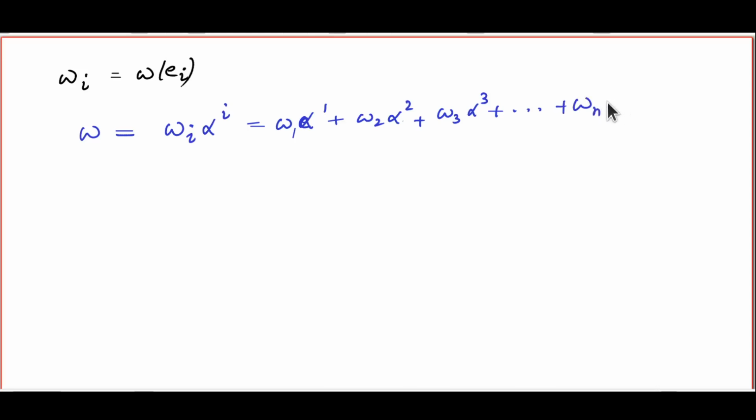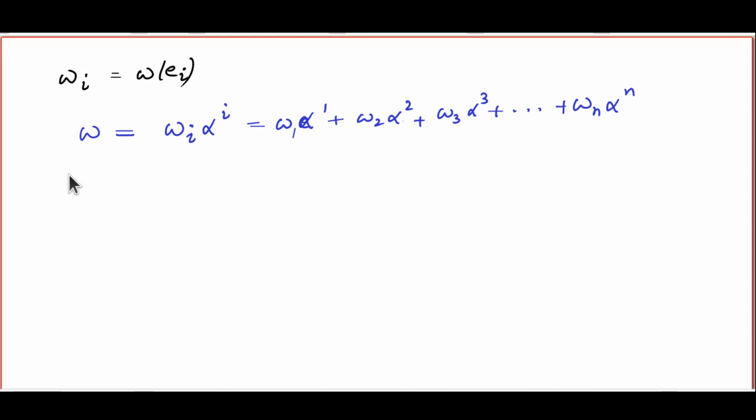After all, there are exactly n components or n coefficients that we have figured out for omega, and we will need n basis vectors to go with that. So, under what conditions would this really be correct? Would omega be something which you can write as omega_i alpha^i?